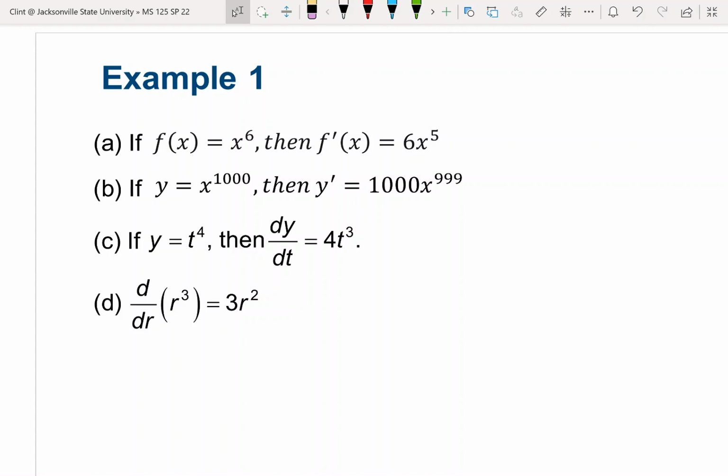Multiply the 4 out front, subtract 1 from the exponent, 4t cubed. And this is just using the other notation: d/dr of r to the 3rd, multiply the 3 out front, subtract 1 from the exponent, get 3r squared. Not difficult. It's really nice when you have something so useful and it's not hard. Power rule is a good thing.